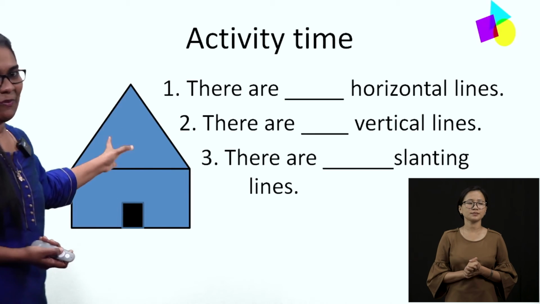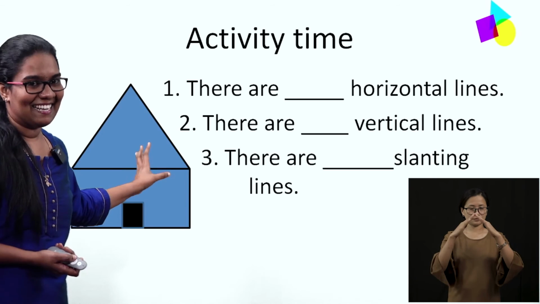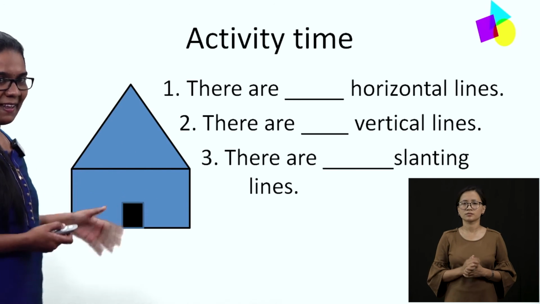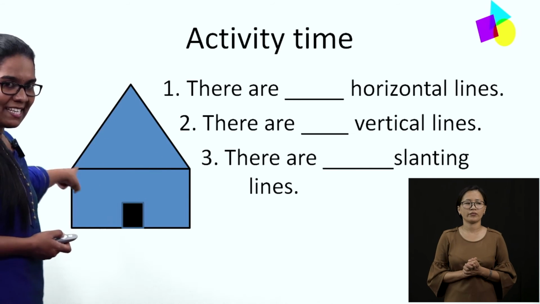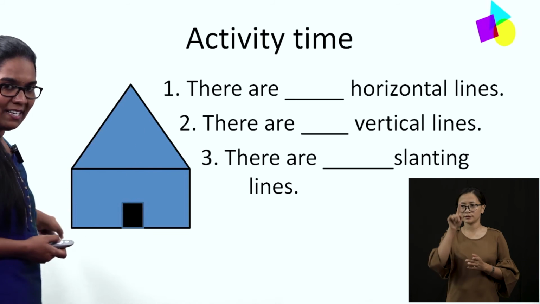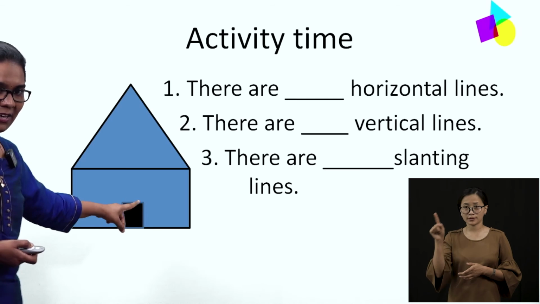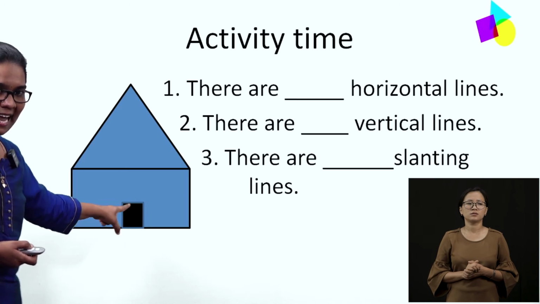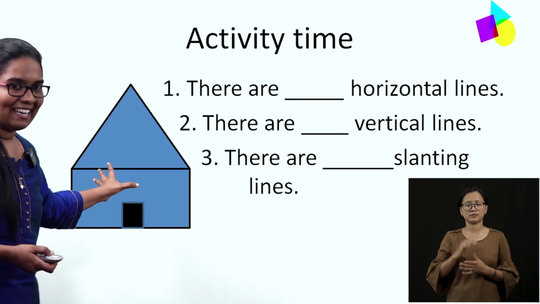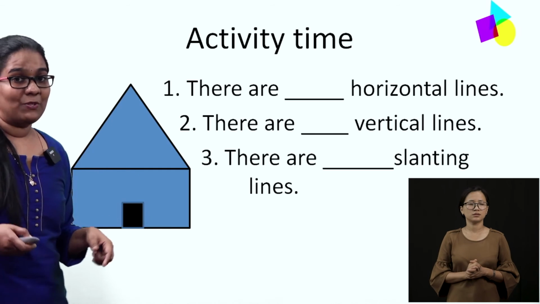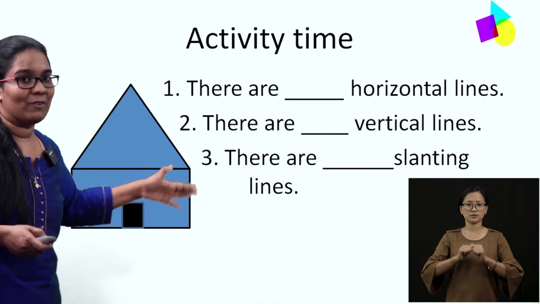Then, this is our activity time. Here you can see one home, right? Look carefully. This is one triangle. This is one rectangle. Here is also one rectangle. Then you have to answer these 3 questions.